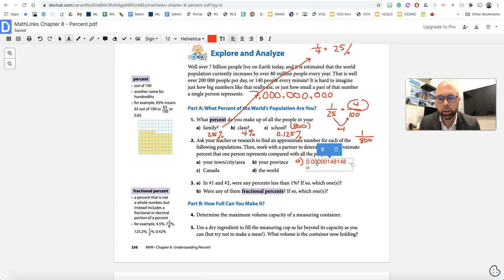And then whatever is on the left of that new decimal position is going to be the percent. In this case, we only have 0 on the left. So 0.00148%.